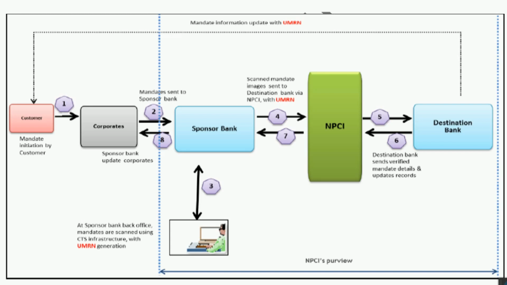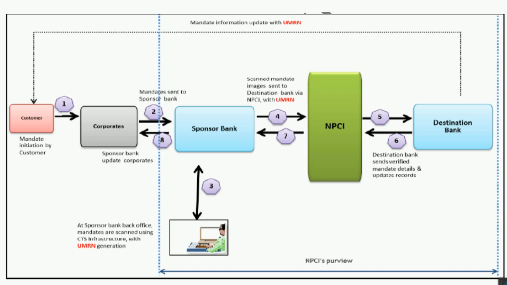If the signature is not matching or if there are certain issues with that, destination bank will refuse to accept that setup and say that I do not recognize this signature and hence I will not be able to honor it. So that is also one of the issues that the customer has to be very prudent in signing on the mandate, otherwise it will get rejected, and again it will have a long process of setting up the paper based mandate again.